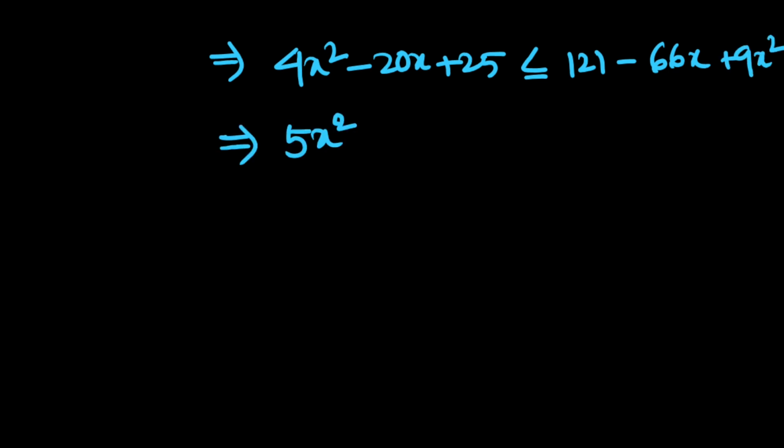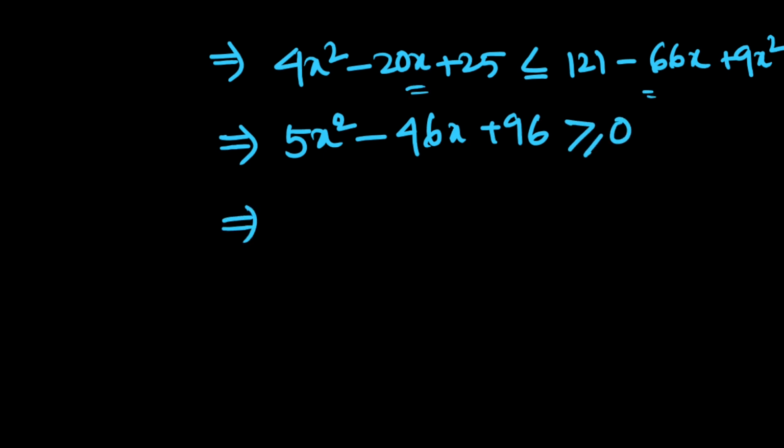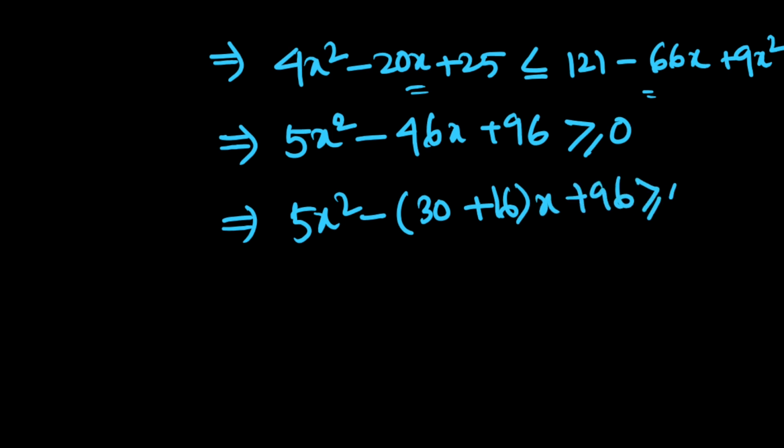Now simplify it, then we get 5x square minus 46x plus 96 is greater than or equal to 0. Now we break the middle term: 5x square minus 30x minus 16x plus 96 is greater than or equal to 0.